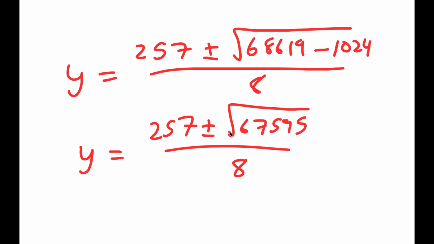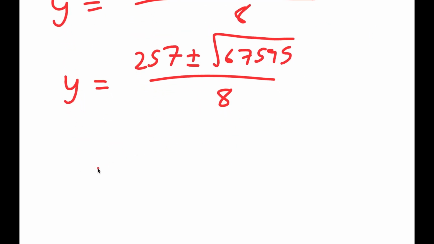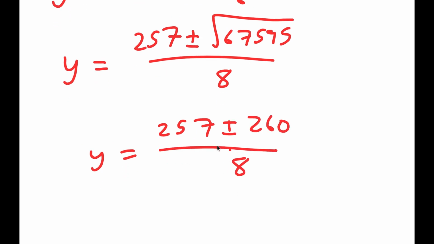And the square root of 67,595 is 260. So I get y is equal to 257 plus or minus 260 over 8.